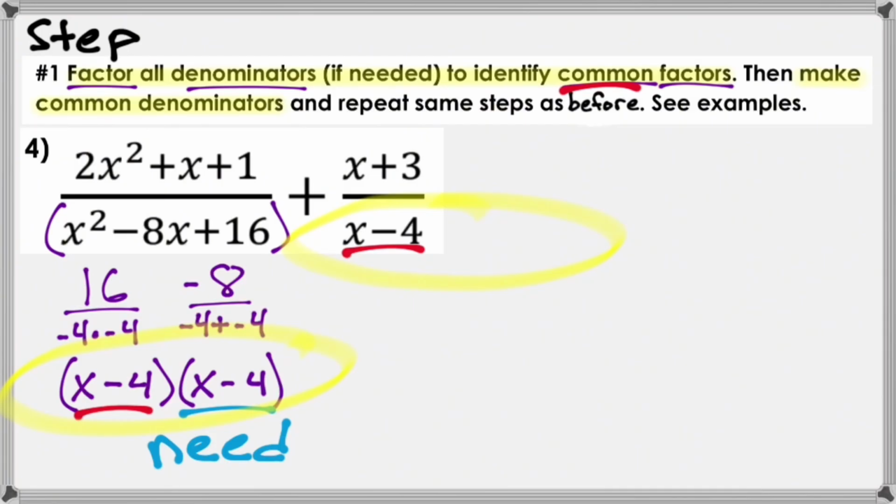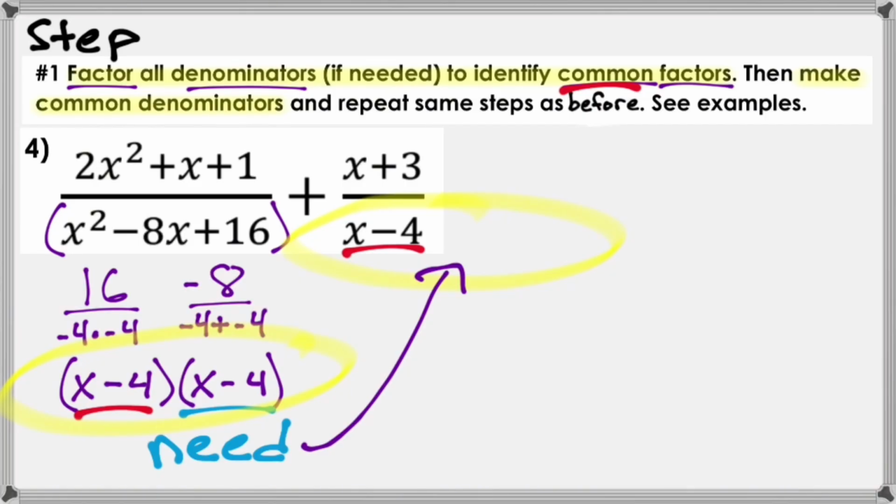So that means the second expression needs a second copy of x minus 4 so that both expressions will have the same factors in the denominator. Please pause and rewind if you need to hear that again. Both expressions need to have the same denominator factors.